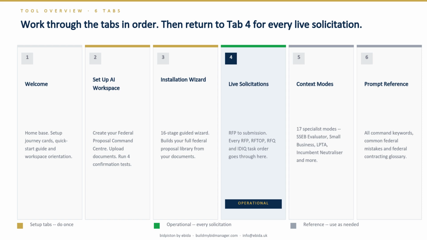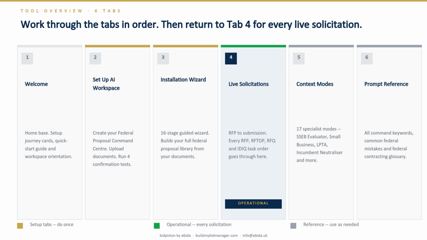Do these once. Tab 4, Live Solicitations, is your operational tab. Every RFP, RFTOP, RFQ, and IDIQ task order goes here. This is the tab you'll use most.